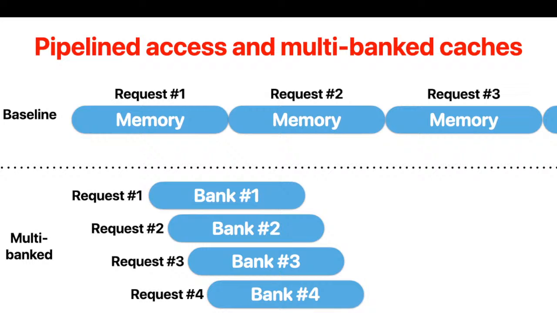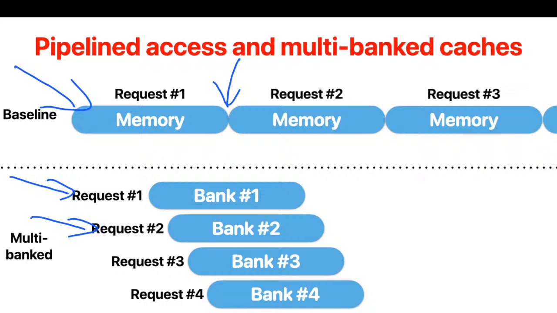So if you have a multi-bank cache, it turns out that if we have a blocking cache and a few memory requests, you can only do each of those back to back. But now, once you issue request one, if it goes to bank one, and the second request arrives at the cache and we find out it's not going to the bank that is occupied, we can have that access performed immediately.